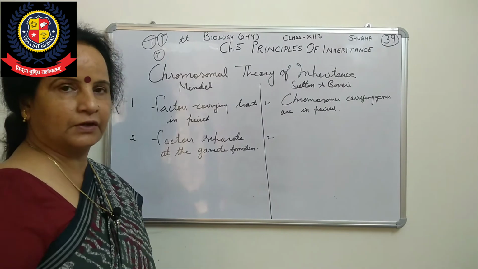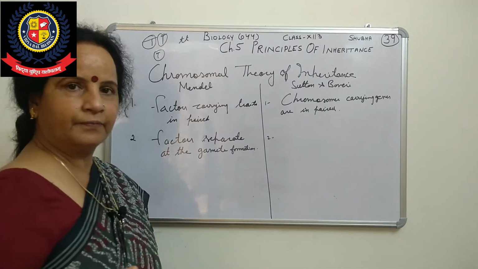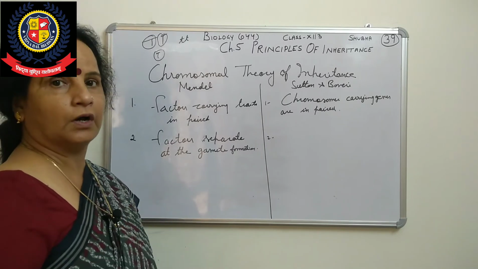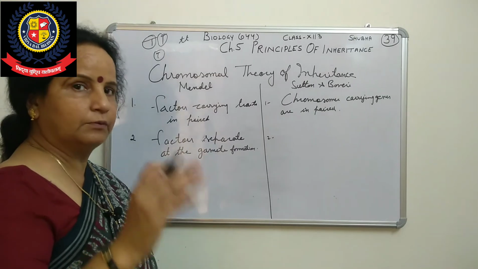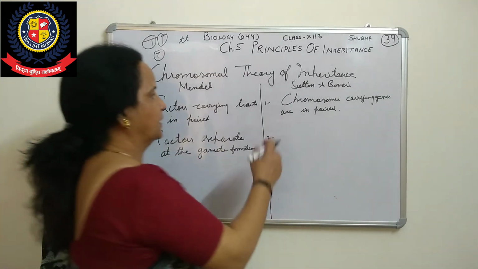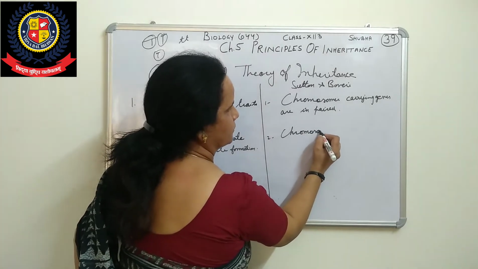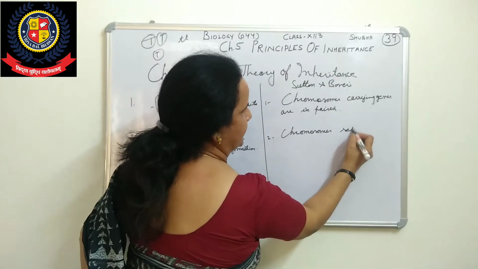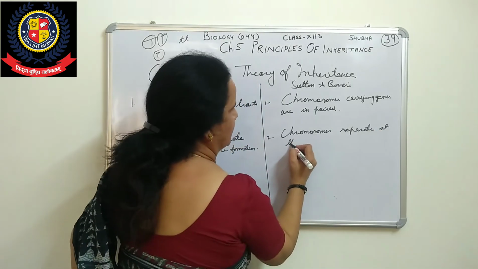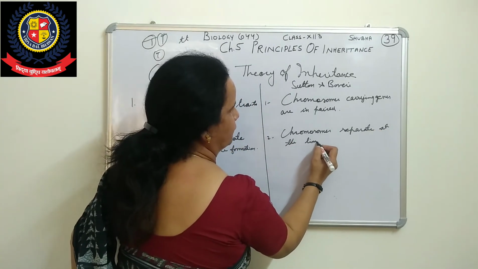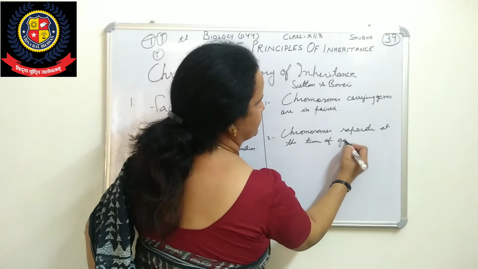The second point, they are also saying the same. As you know, in mitosis and meiosis, at the time of meiosis gametes are formed, sperms and ova, or male gamete and female gamete. Because of meiosis, chromosome number becomes half. Here again, chromosomes separate at the time of gamete formation.